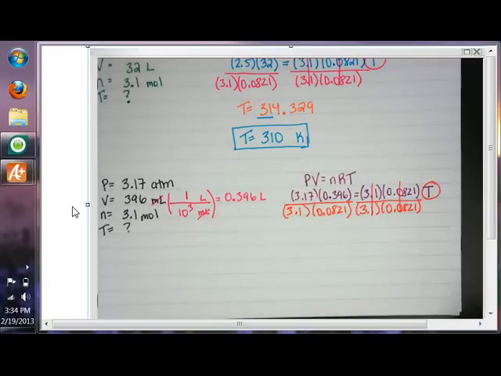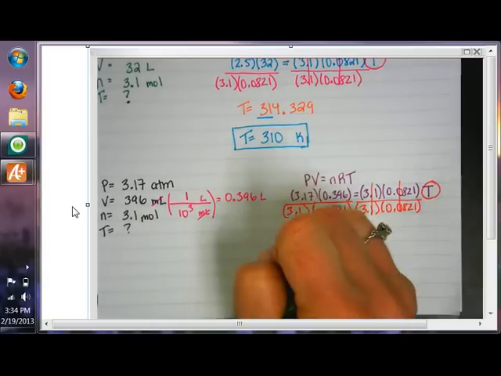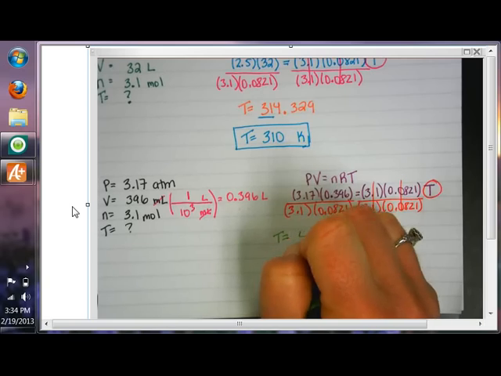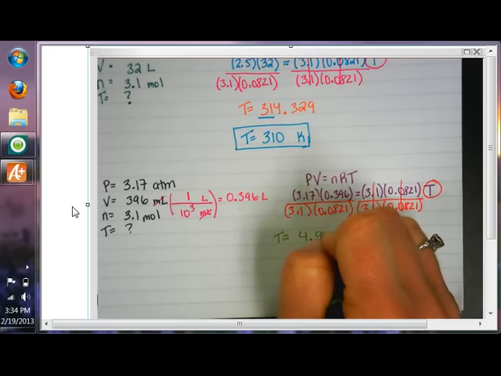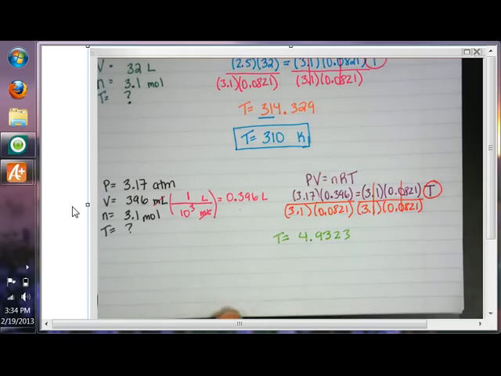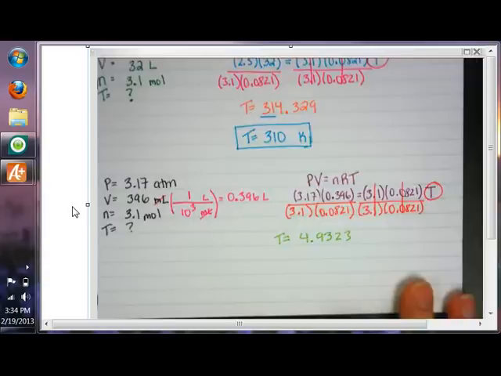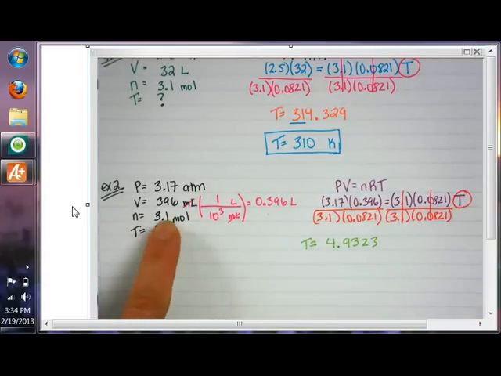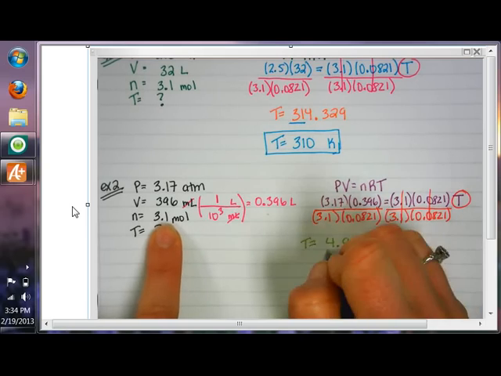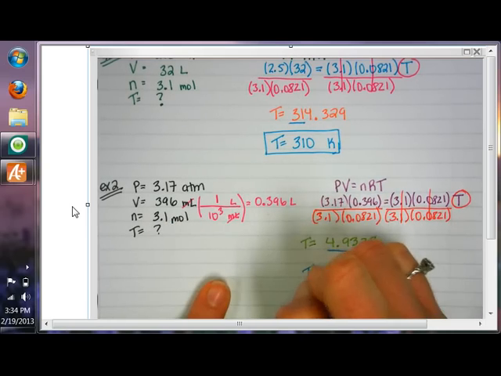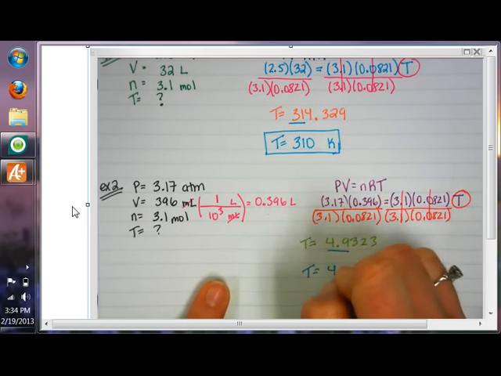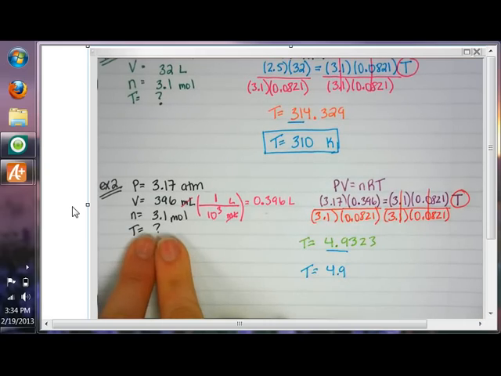I type this all into my calculator, and my calculator spits out T equals 4.9323. Two sig figs is my lowest number of sig figs, so my answer can only have 2 sig figs. So my final answer is T equals 4.9.